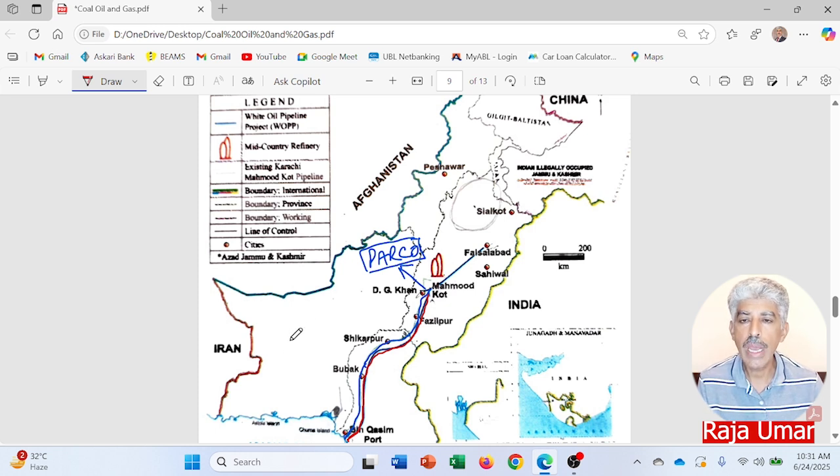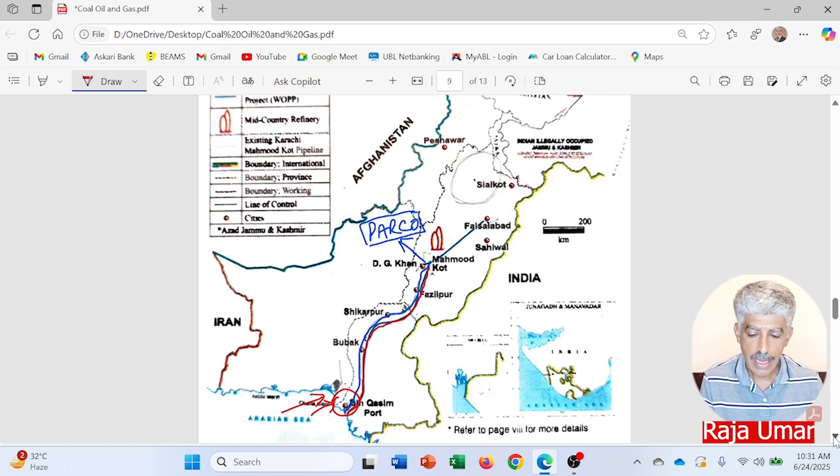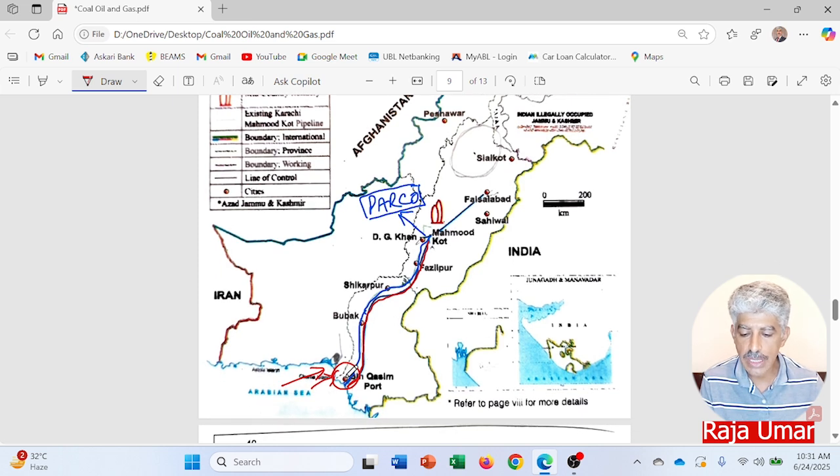The black oil is unrefined. You know that Pakistan imports a huge quantity of oil from the Arab countries, and that oil reaches Karachi port and Port Bin Qasim, and then it is transported.